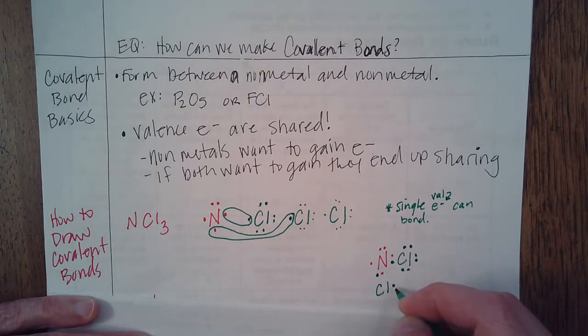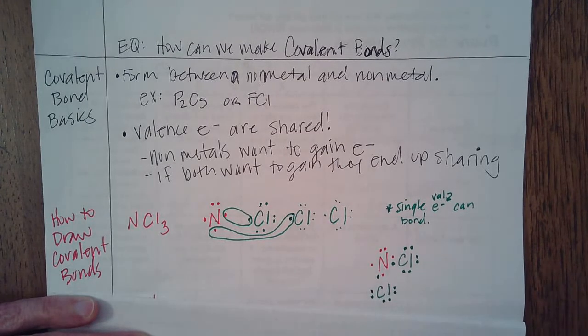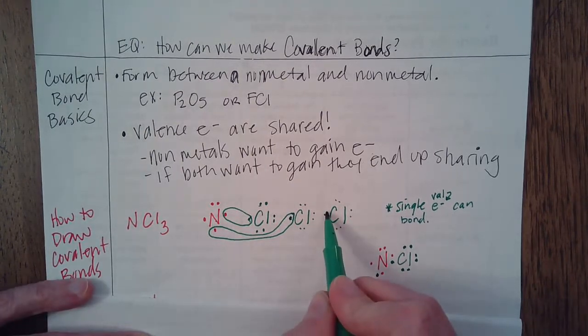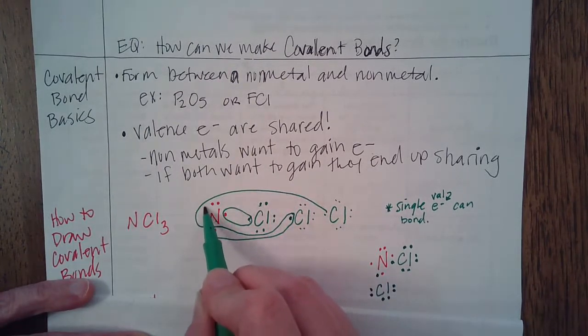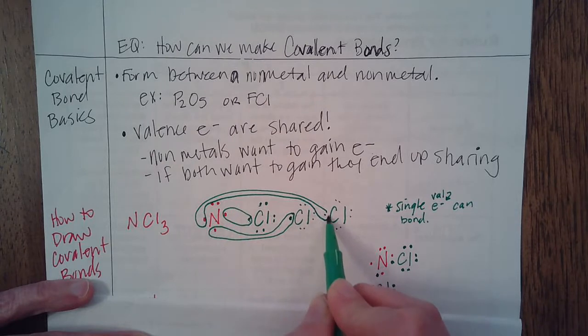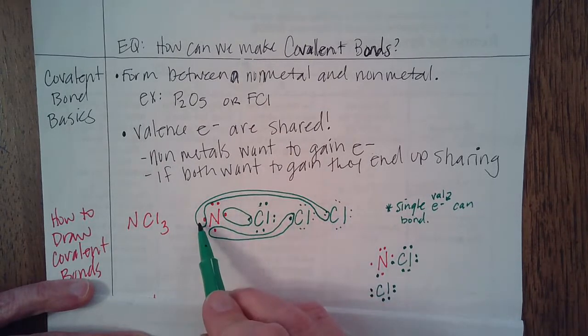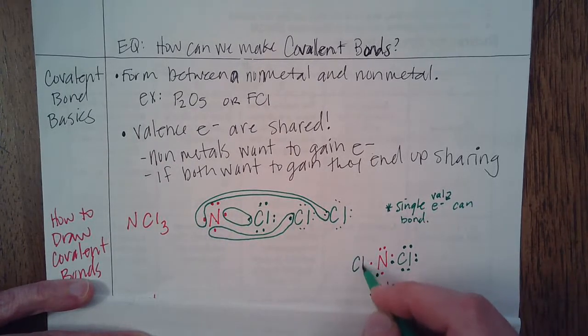There's that. And then last but not least, he is going to go over here. And he's going to go all the way over here. And so he's going to share there.